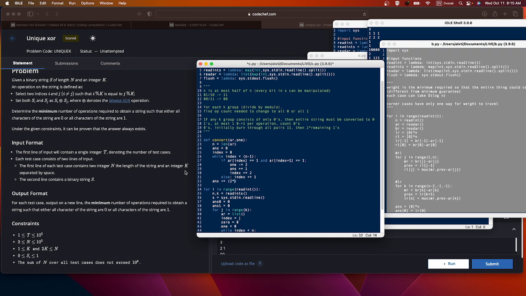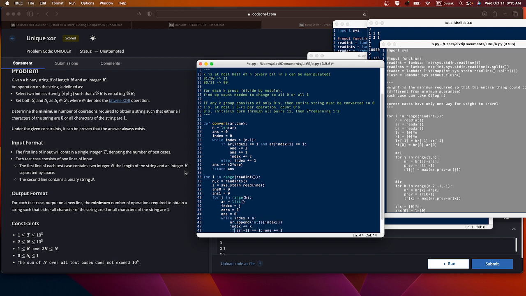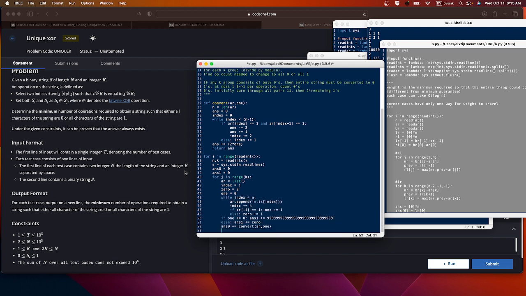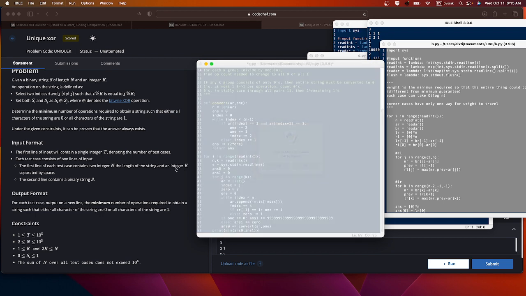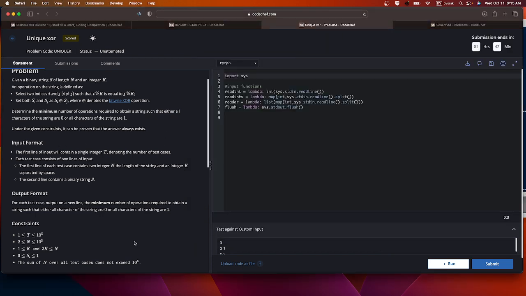It will be 2 times our remaining 1s, since we're making the assumption that every single one requires 2 after that. Return answer. And then whatever's better between our 2 choices.